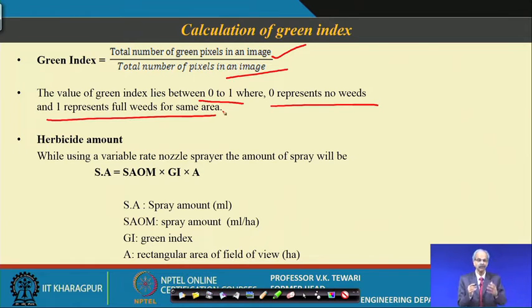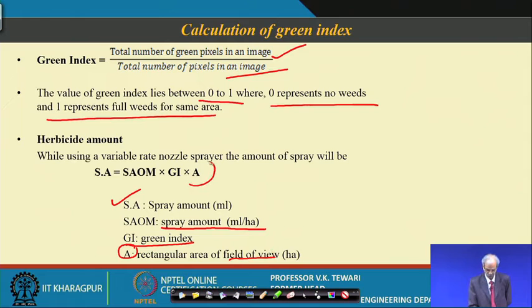And the amount of herbicide calculation is very simple. You can see here that the spray amount in milliliter per hectare is multiplied by the green index. So, this will be with respect to the area, and then we can get the total spray amount, where A is the area of the field of view. This is the area of the field.